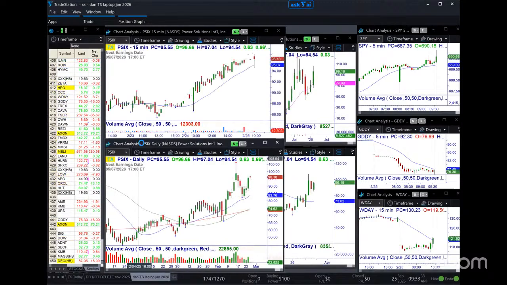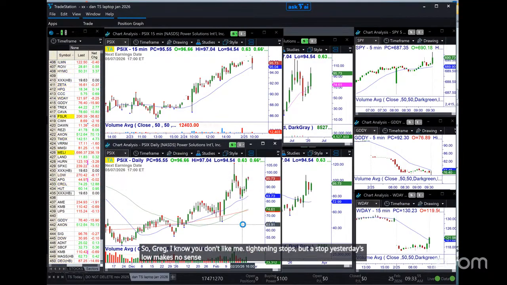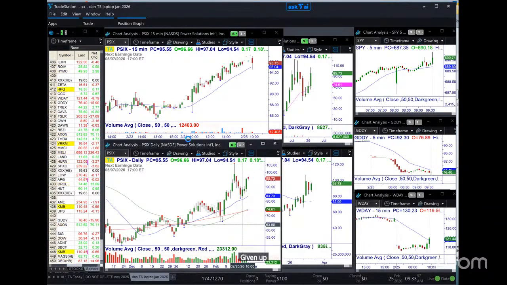SX, let's tighten the stop. So Greg, I know you don't like me tightening stops, but a stop at yesterday's low makes no sense to me. Giving up all those gains. You're assuming it's going to go down there. Just give it time.